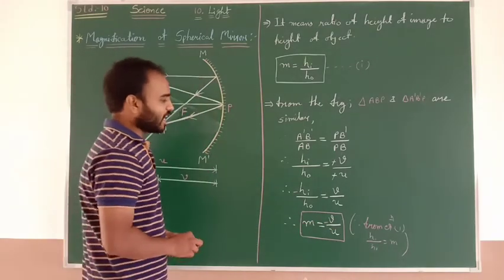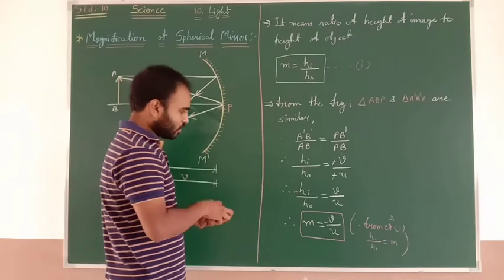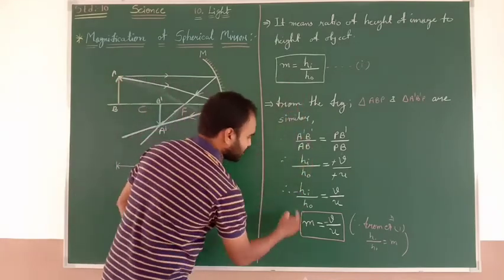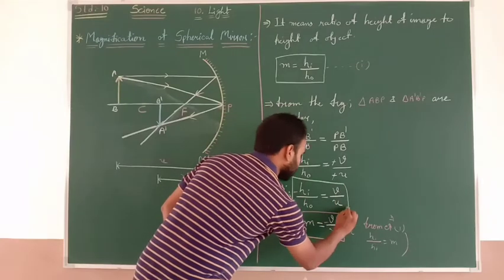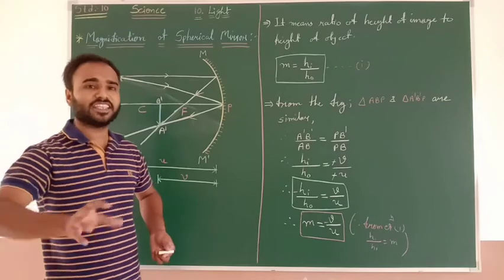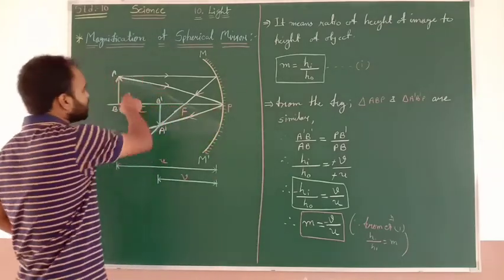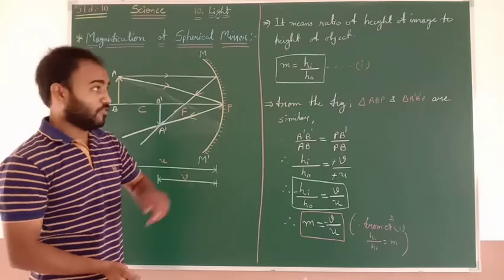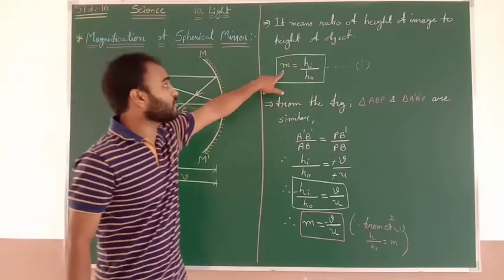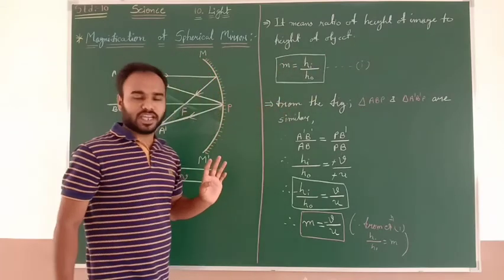So there are a few formulas we got, the first one, the second one and the third one. We'll use these three formulas for finding the different values. Suppose both the heights, image height and object height, are given, and from that we need to find the magnification, then we have the simple formula, M is equal to HI upon HO.